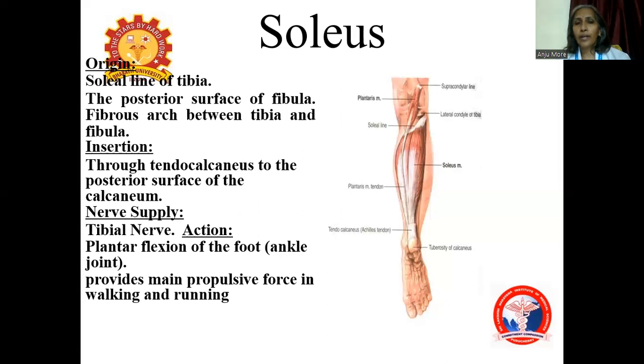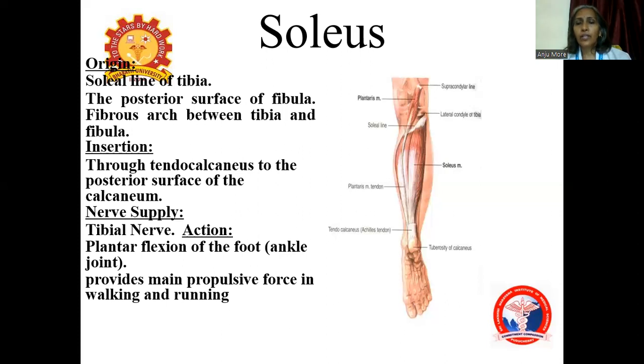So, two heads of gastrocnemius and soleus, they together form the same tendon and that is tendoachilles or the tendocalcaneus. And the soleus is also inserted at the posterior surface of calcaneum. That is the reason why we call these muscles together, that is soleus and gastrocnemius, as triceps surae.